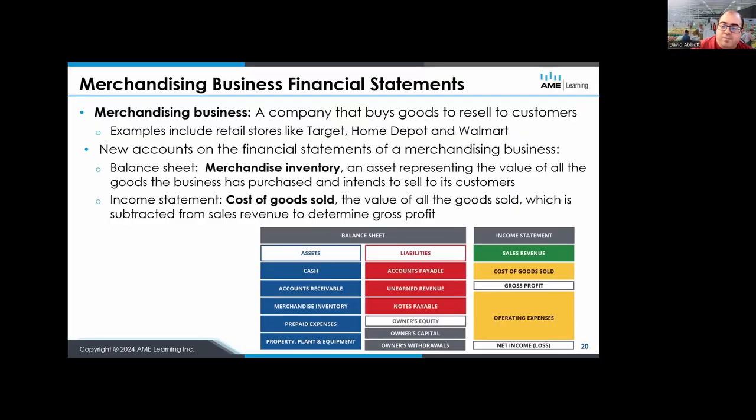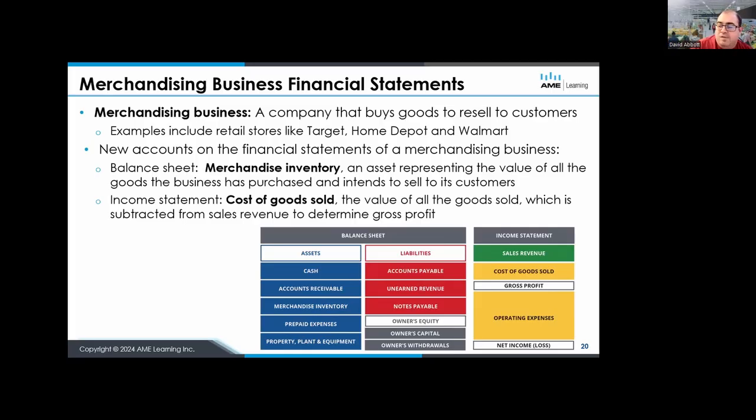New accounts specific to a merchandiser would be on their balance sheet. They would have an account called merchandise inventory, which is an asset that represents the value of all of the goods that the business has purchased and intends to sell to its customers. So anything they have in inventory would be listed under merchandise inventory.